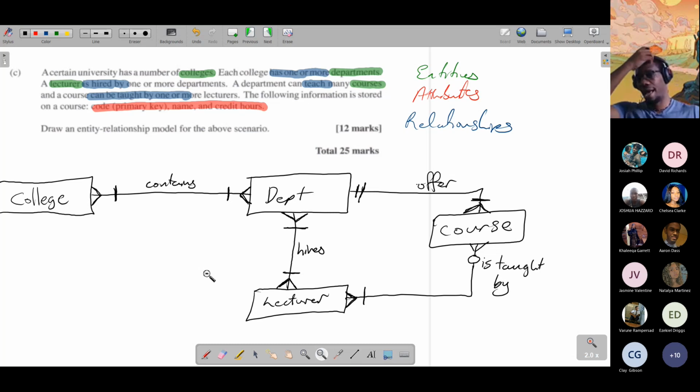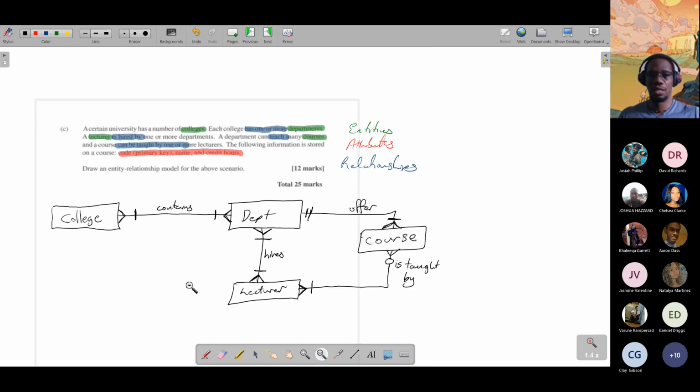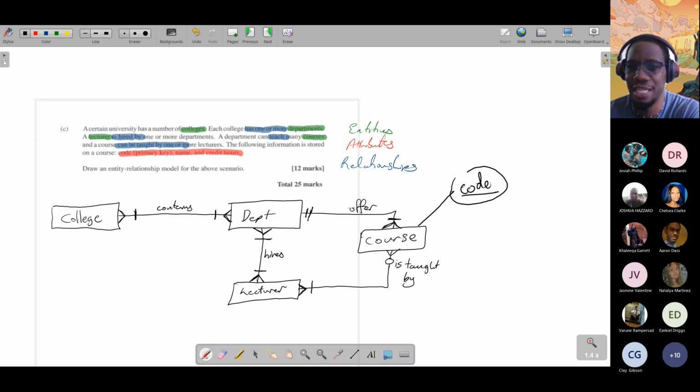All right. Any more questions on this? Any more questions? What happened to the attributes, sir? Yes, thank you very much, Josiah. Right, so I was about to leave it without the attributes. The attributes say that for the course, we have a code, and the primary key attribute is always underlined.